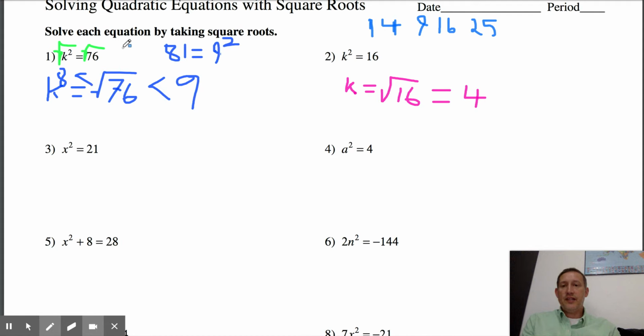8 squared is, what's 8 squared? 8 squared is 64.